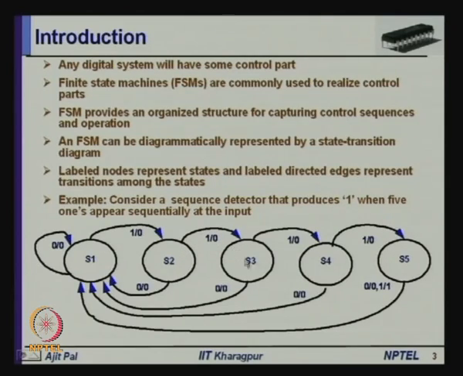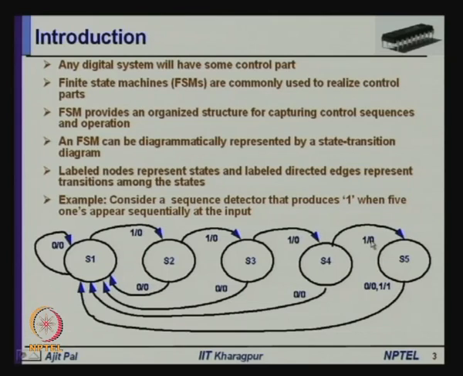When it is in S3, it will again produce output 0 for both input 0 and input 1. However, when the input is 0, it will go back to state S1, and when the input is 1, it will go to state S4, and if another 1 comes, it will go from S4 to S5, still producing 0.